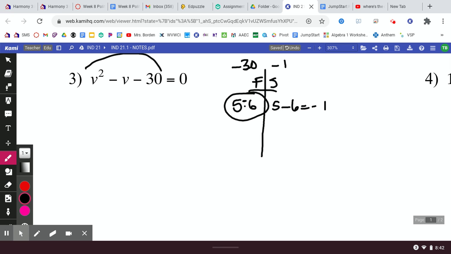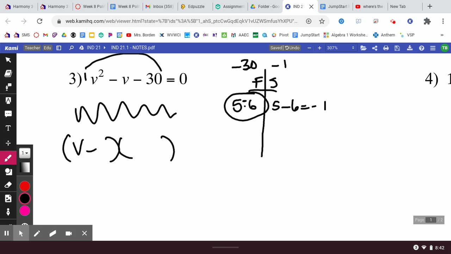Now, this one has a 1 out front. So I can skip all that work that goes in the middle of factor by grouping, right? And I can go right to my binomial answer of the factoring part. So I'm going to put V plus 5 and V minus 6, right? I was able to go right from my winning factors to my binomials.